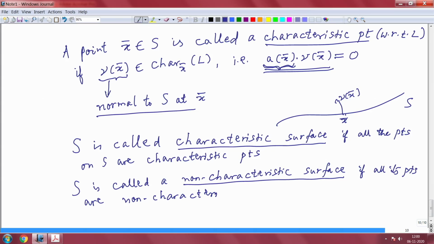That means, nowhere on S is the unit normal at that point perpendicular to A. So, it always makes an acute angle with the vector A.